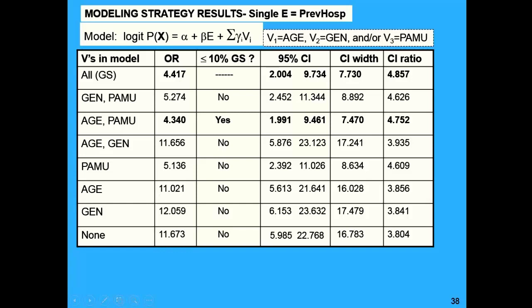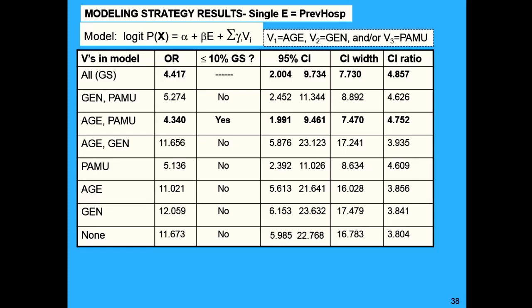And then we considered all possible subsets, and we said the gold standard model has in some sense the best answer for the odds ratio, because it controls for everything on our list that we're worried about. Then we consider all possible subsets and see which subsets, if any, give us an odds ratio that's as close to the gold standard one as possible.